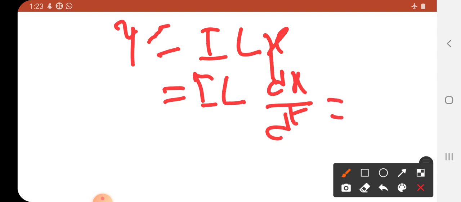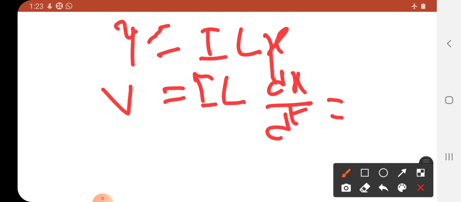Therefore this you can write as V, because V is equal to d psi by dt. As we know, the electric voltage is the rate of change of flux linkage.